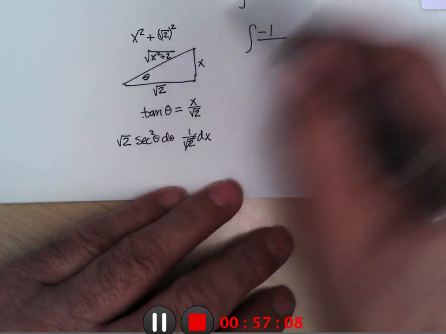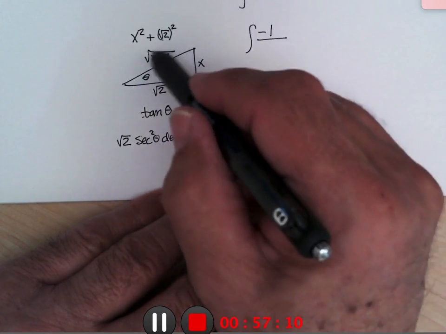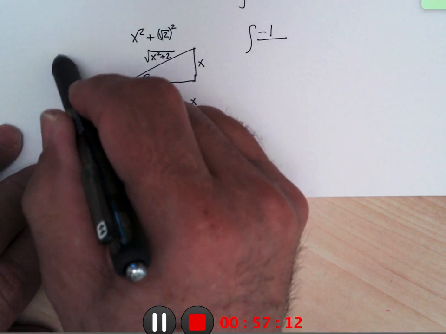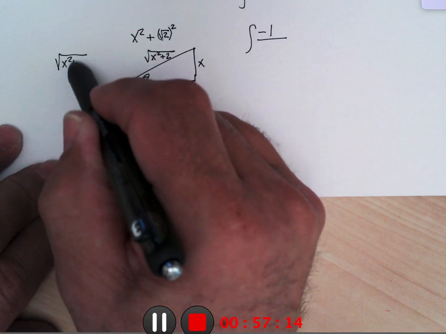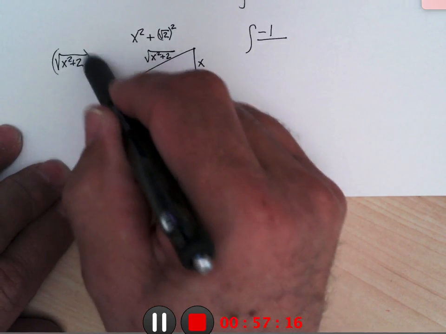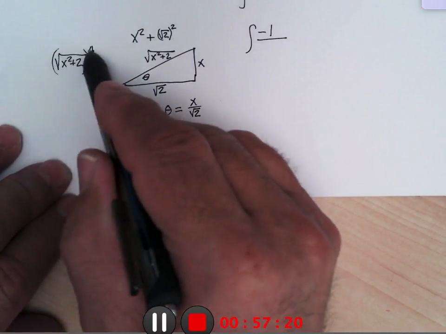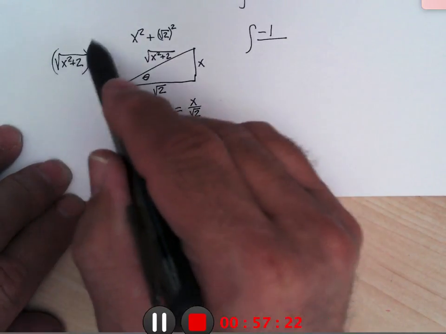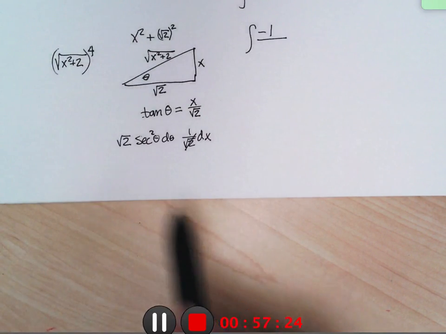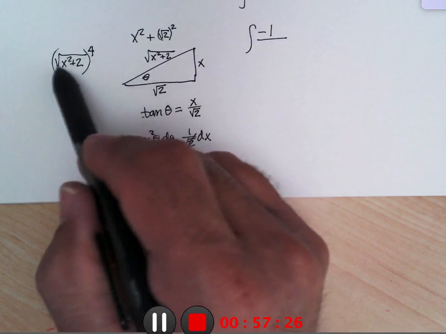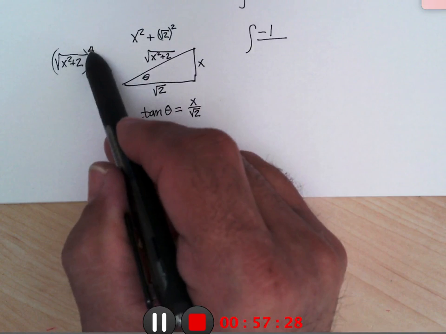So I'd have to take the square root of x squared plus 2 to the 4th power to unsquare root that and then square it. Because this is to the half power, so this to the half power to the 4th power makes the power of 2, which is what that is.